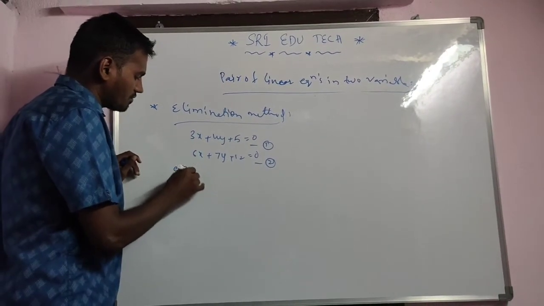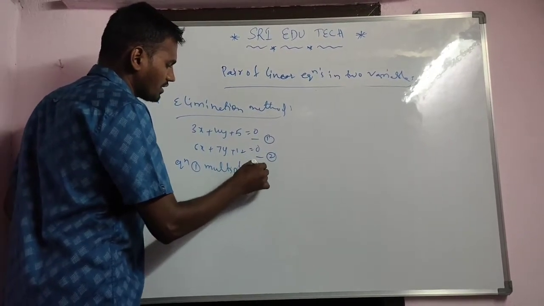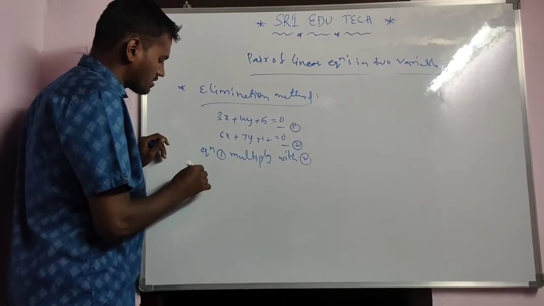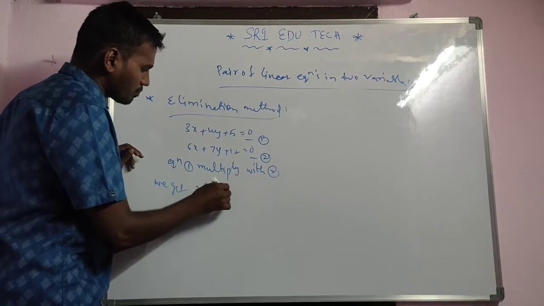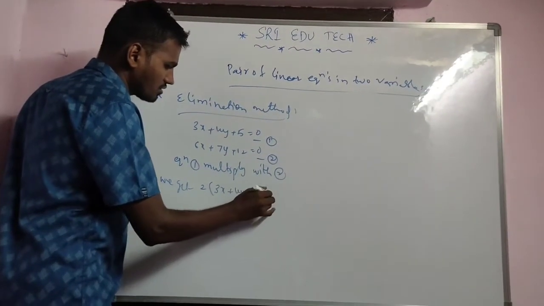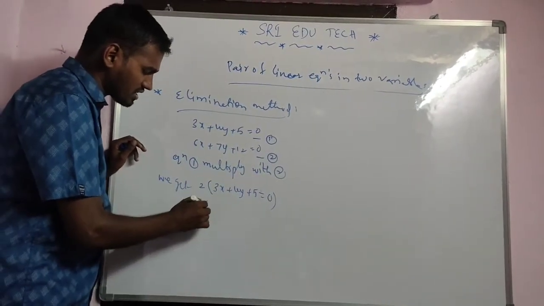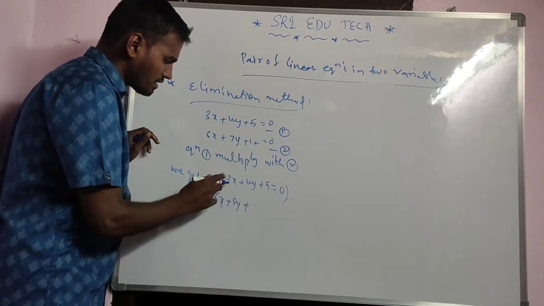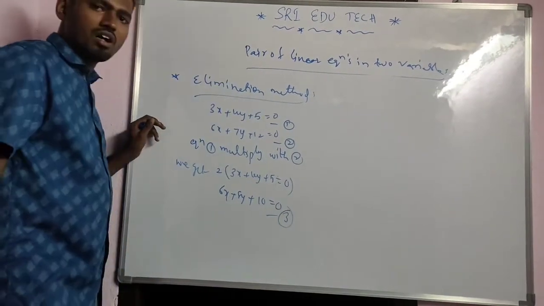Equation number 1 multiplied with 2, we get 2 into 3x plus 4y plus 5 is equal to 0. Then multiply: 2 3s are 6x plus 2 4s are 8y plus 2 5s are 10 is equal to 0. This is equation number 3.